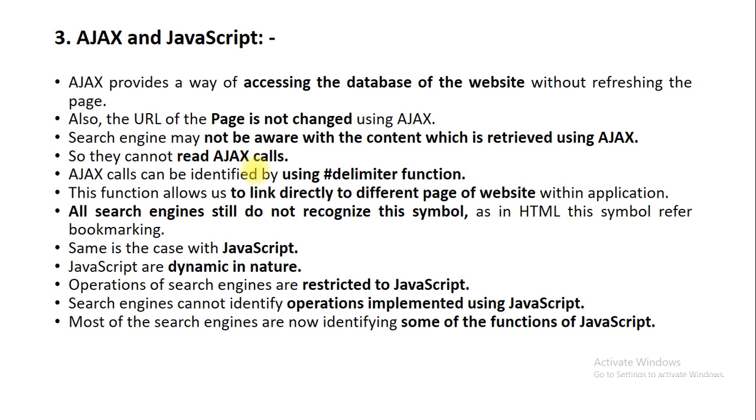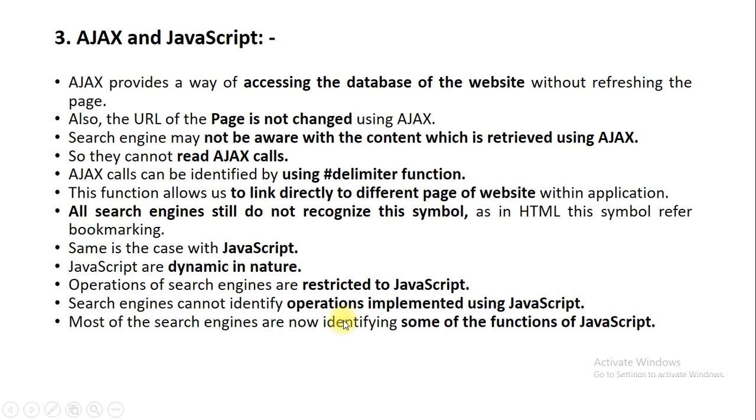Also, all the search engines still do not recognize this symbol as in HTML. This symbol refers to bookmarking. The same is the case with JavaScript. As we know, JavaScript is dynamic in nature, so the operations of search engines are restricted for JavaScript, and a search engine cannot identify the operations implemented using JavaScript.